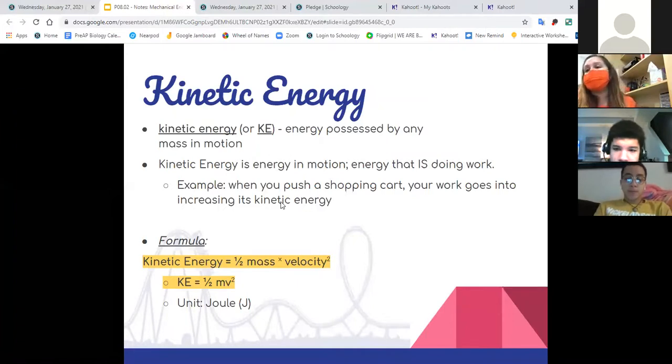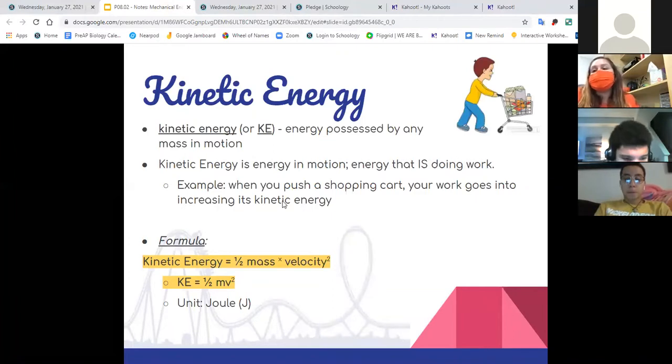For example, when you push a shopping cart, your work goes into increasing its kinetic energy. The formula for kinetic energy is 1/2 of the mass times the velocity squared. Only the velocity is going to be squared, not the mass, just velocity.